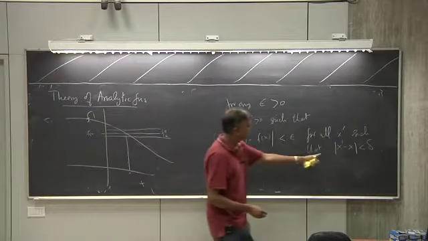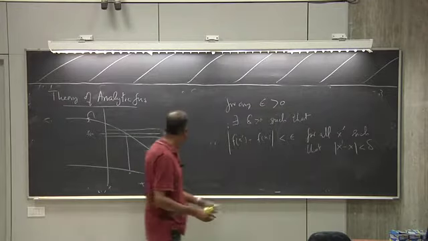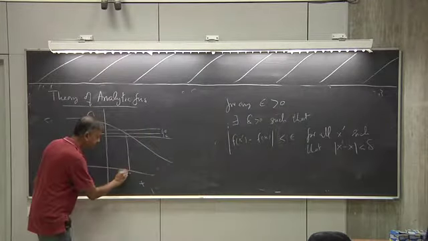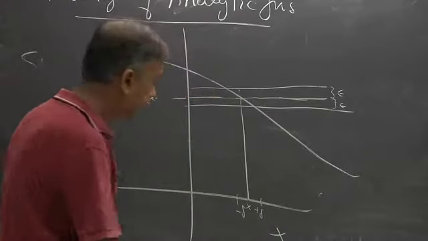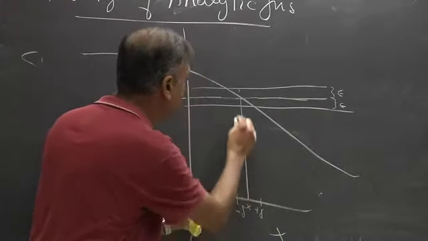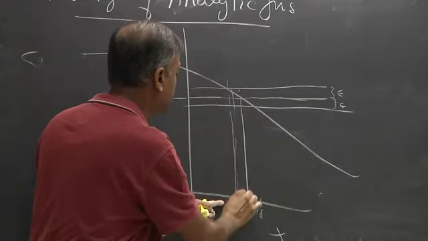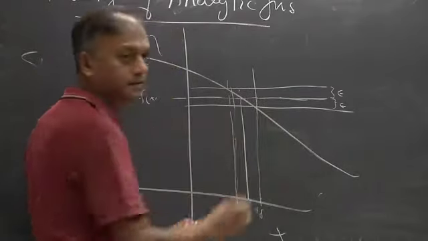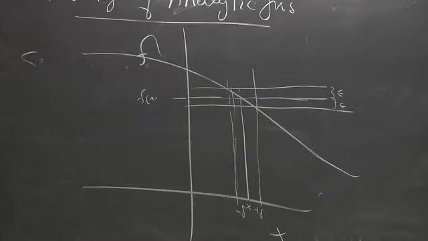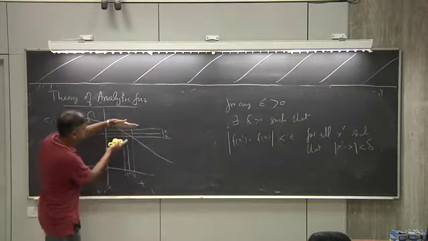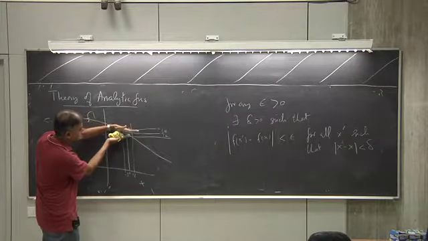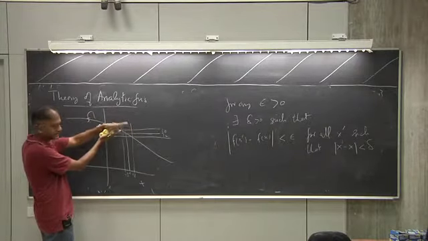Now, x prime minus x we are saying is less than delta. So that will be this band here. You take a plus delta and minus delta from here. Then x prime will be anywhere in between. So what one is saying is that no matter how small you make epsilon, you see this band is becoming thinner and thinner, right?